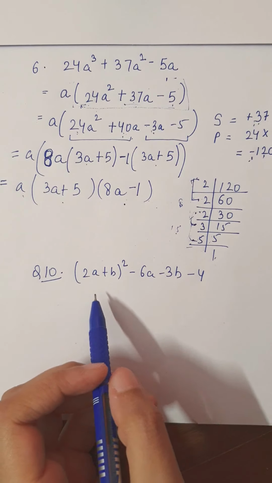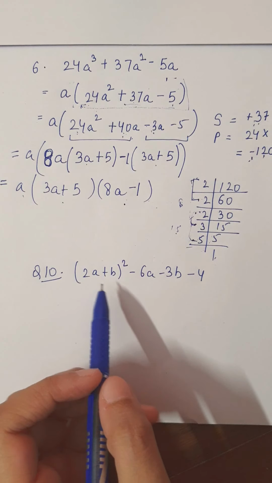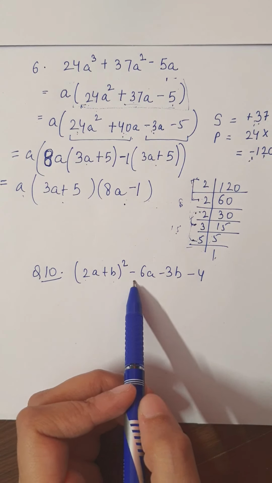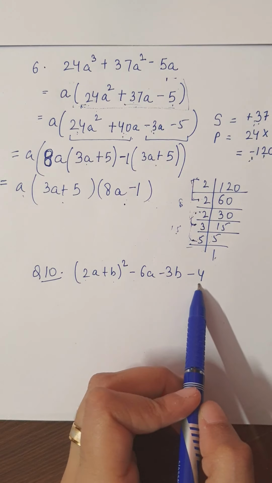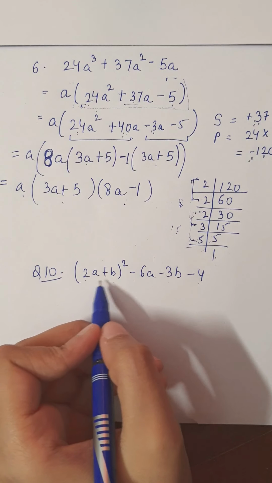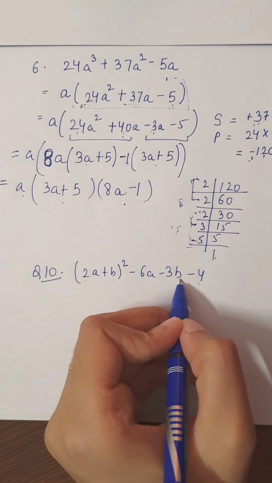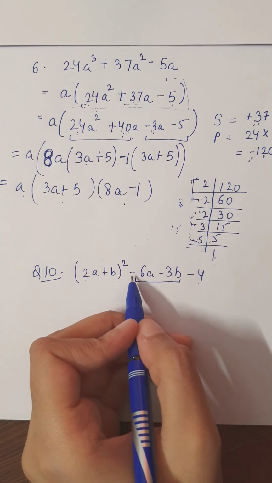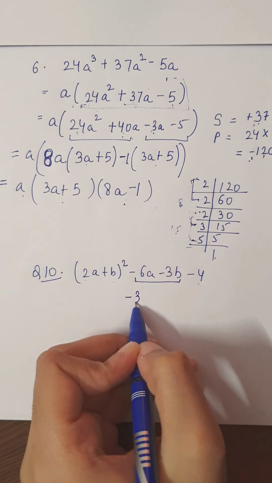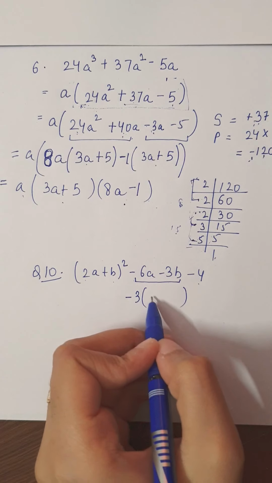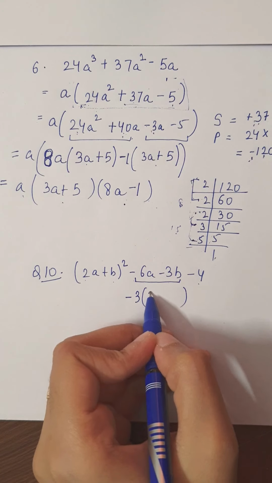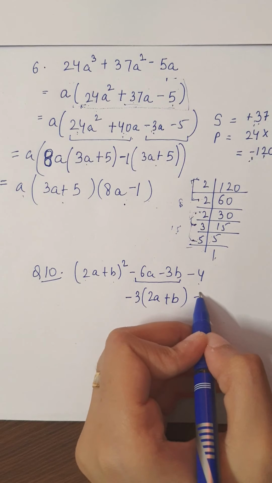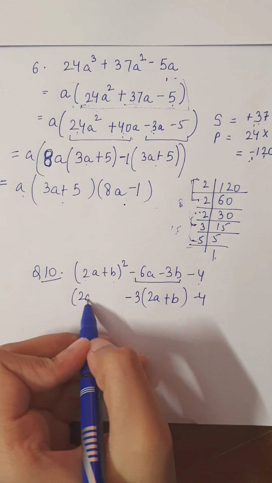Next, question number 10 is a different type of question. Let's see. 2a plus b whole square minus 6a minus 3b minus 4. This is 2a plus b, and if you observe this group, if I take minus 3 common, I am left with 2a plus b, and rest I am copying as it is.